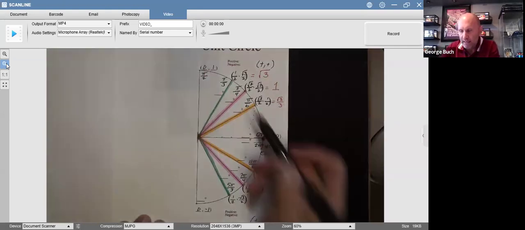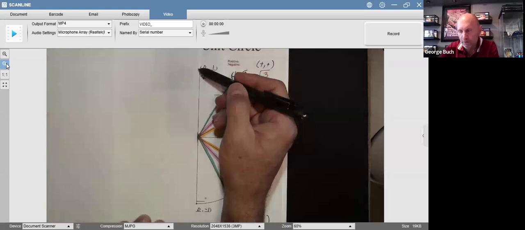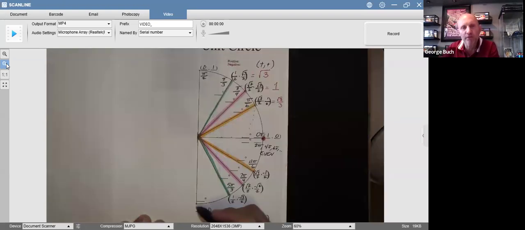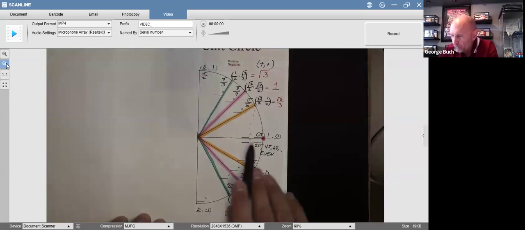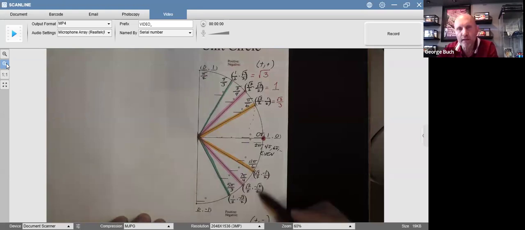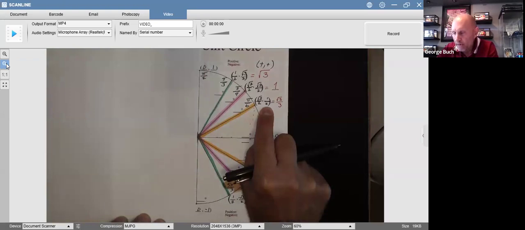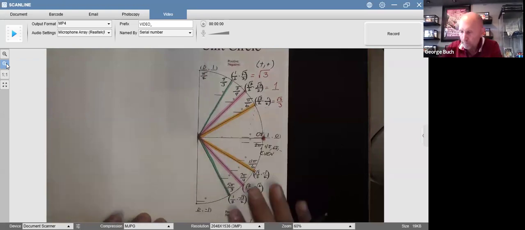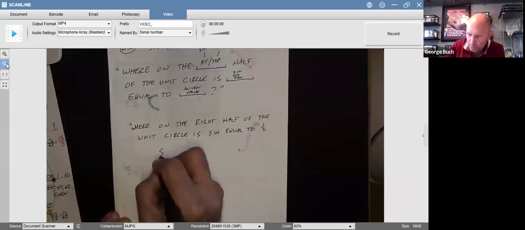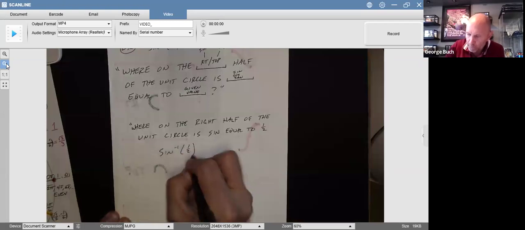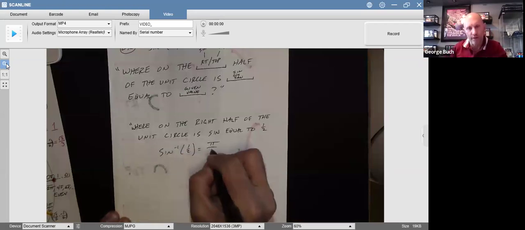I cannot get past the fence up here, and I cannot get past the fence down here. So I'm just looking at the right half, and I want sine, which is the y value, equal to 1/2. It's right here, so sine is equal to 1/2 at pi over 6. Therefore, the answer to sine inverse of 1/2 is pi over 6.